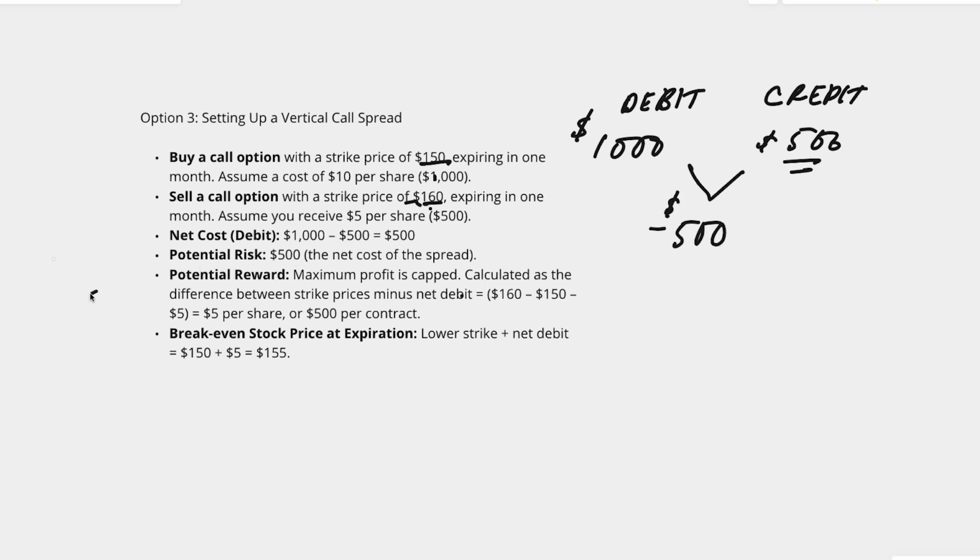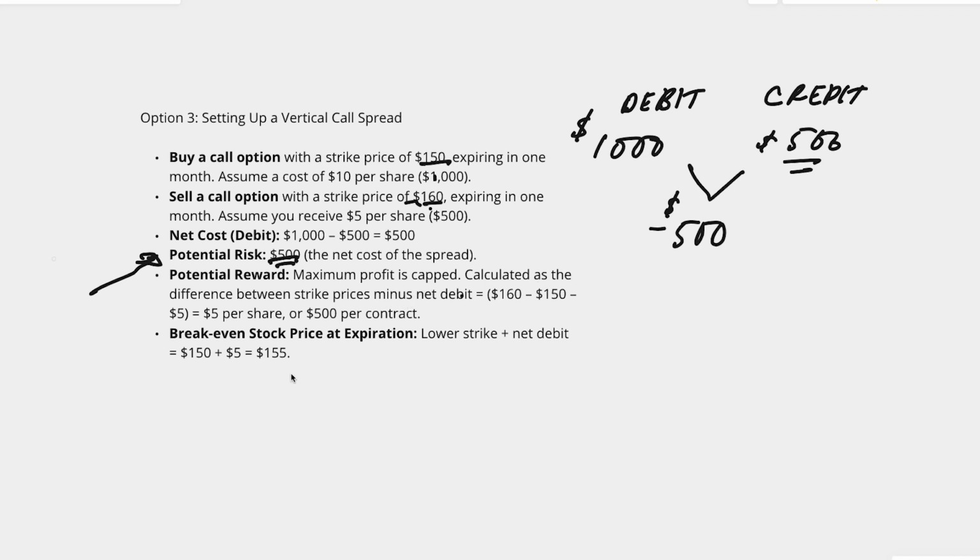So our potential risk in this spread is much less. It's just the $500. So it is not as expensive as just buying a call option, because we gain from actually selling that call option there. And then the potential reward, however, is going to be capped.